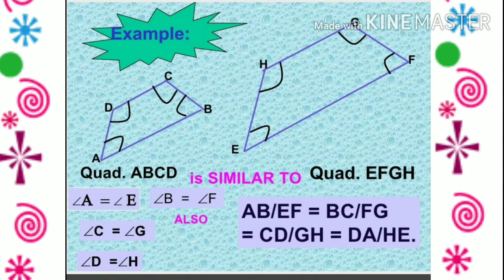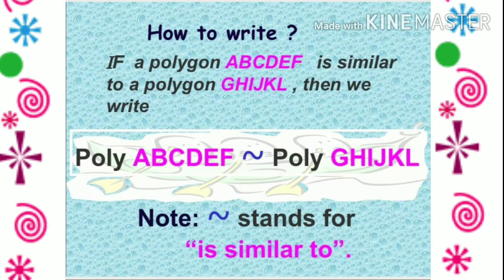If the two quadrilaterals are similar, how do we denote it? That is important, no? How do we represent it, how to write.